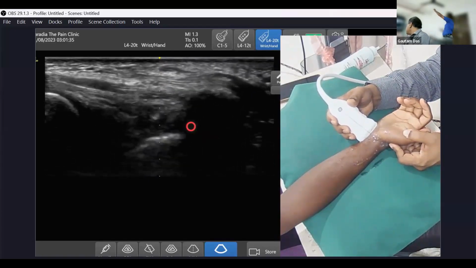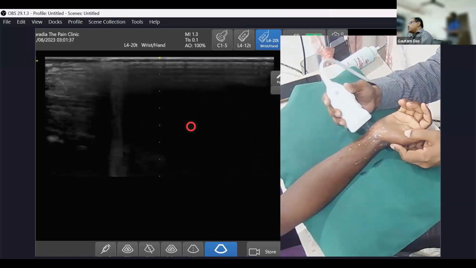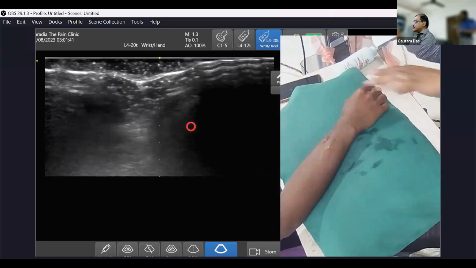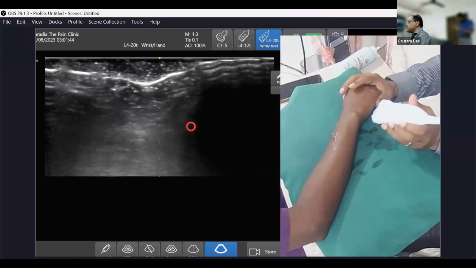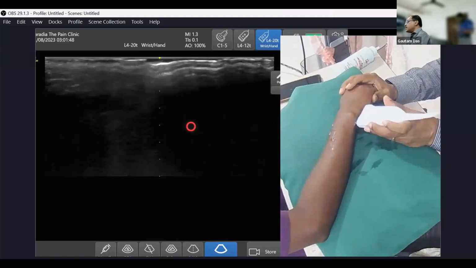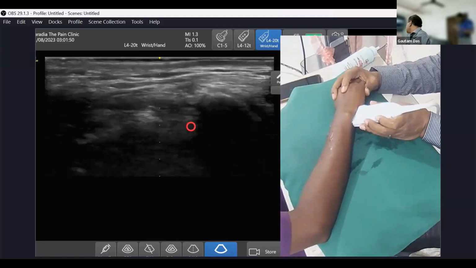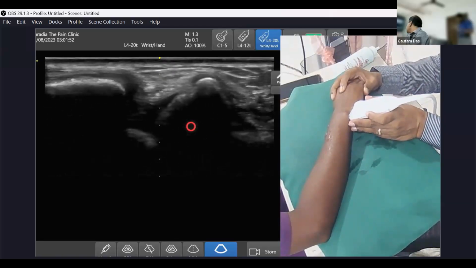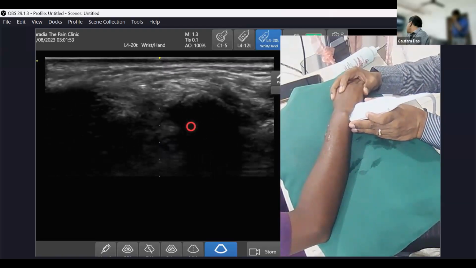The deeper one is the triquetrum. Now for the TFCC, I'll be holding the probe like this. What was the most superficial part of the TFCC? The most superficial part was the tendon sheath of the extensor carpi ulnaris. You can see the extensor carpi ulnaris tendon very nicely.